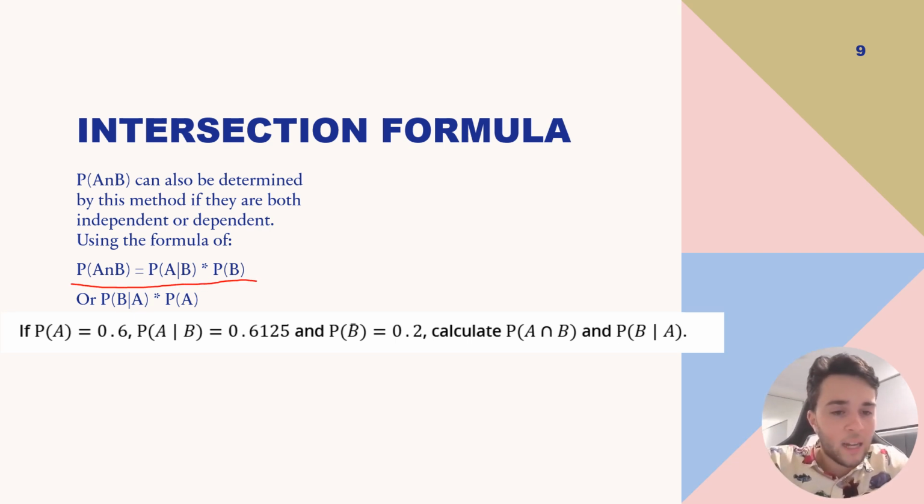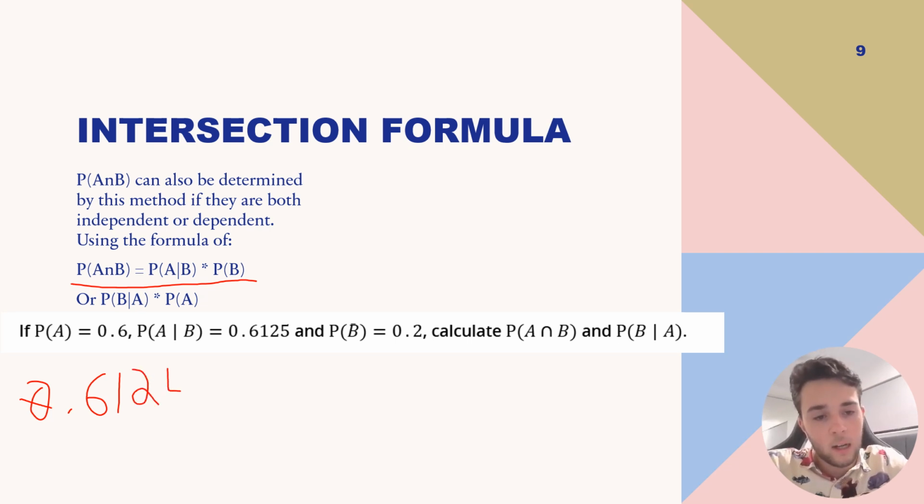So probability of A given B is 0.6125, so we're going to get that number, 0.6125, and we're going to multiply this number by the probability of B. In this case, B not is 0.2, so probability of B is going to be 0.8.